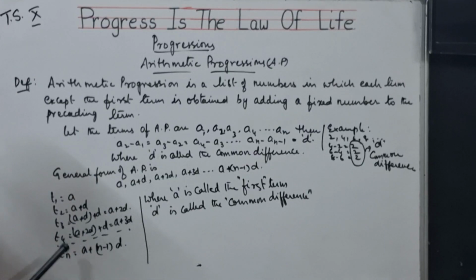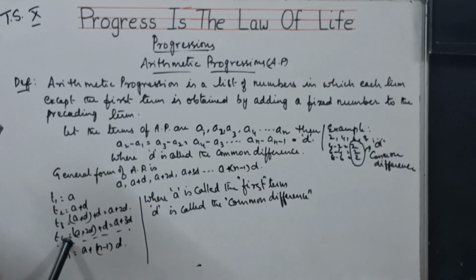Now, when you see term 4, you are taking term 3. What is term 3? A plus 2D. To that you are adding D, so A plus 3D. When you observe these patterns, children, term 1 has no D at all, term 2 has 1D, term 3 has 2D, term 4 has 3D.